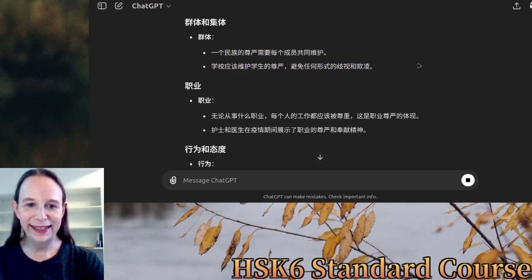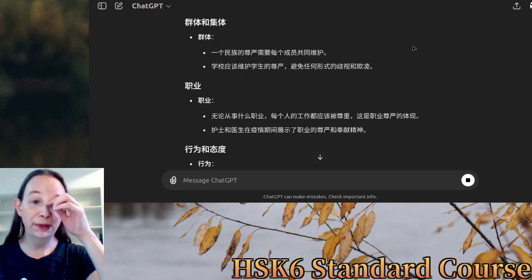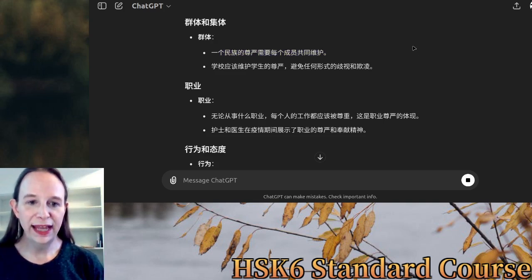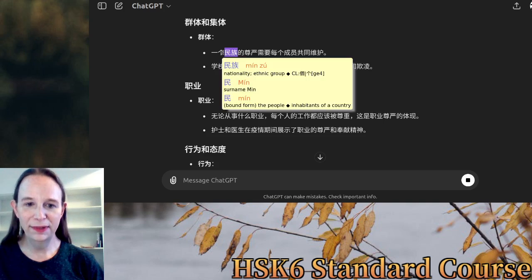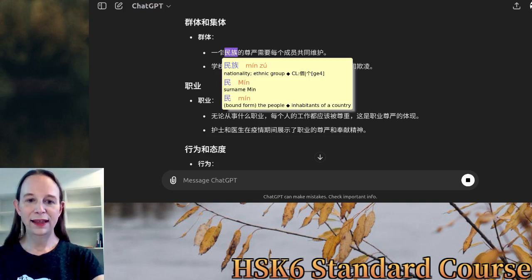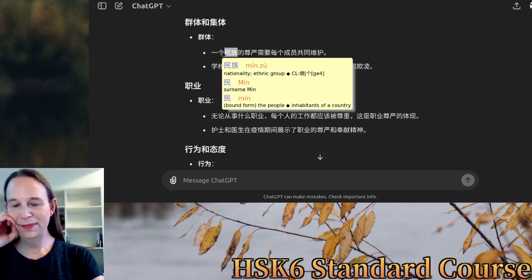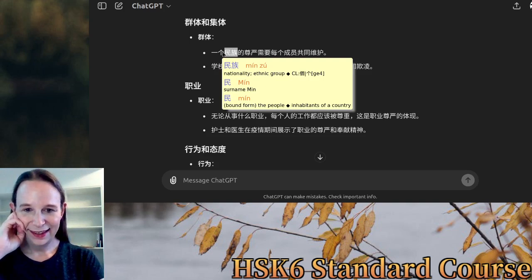All right, that's pretty easy. 群体 a group can have 尊严, 一个民族的尊严. 民族 this is like a democratic group, an ethnic group. Nationality. So if you're talking about a race, then it'll be 种族.